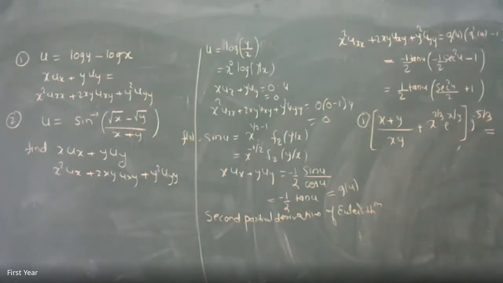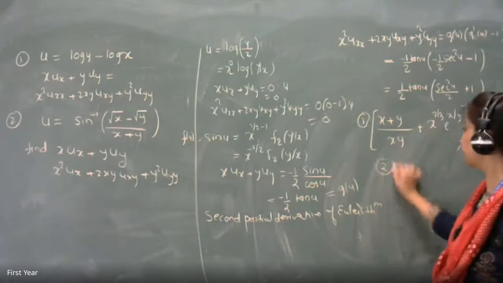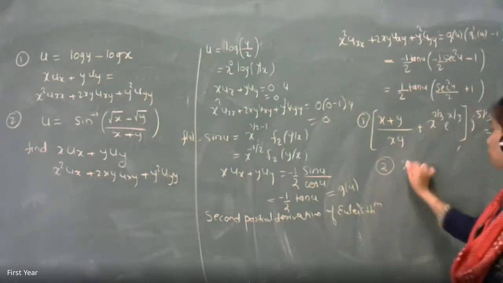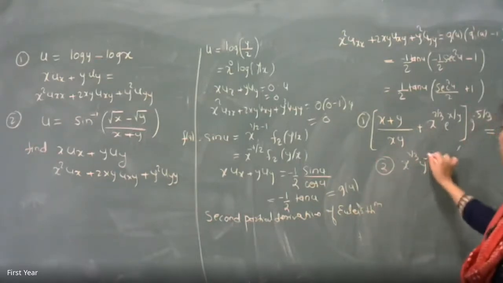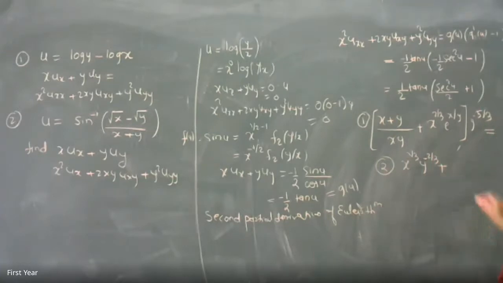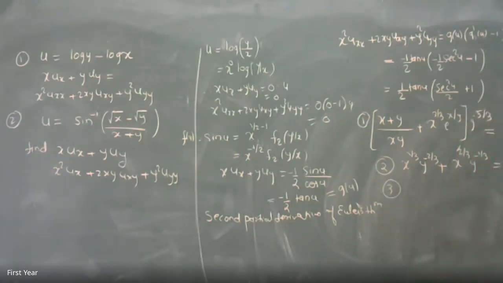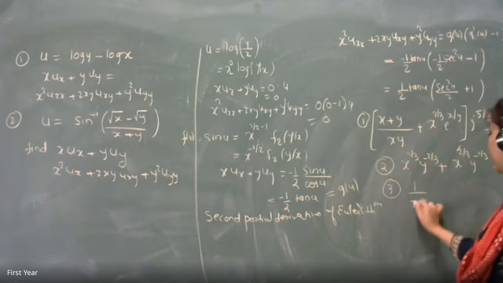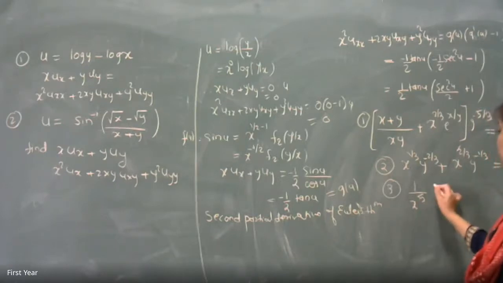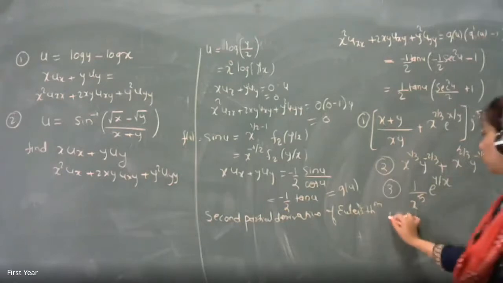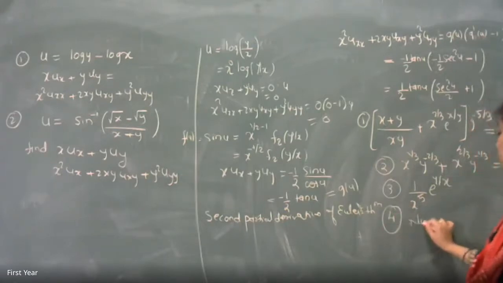Second function is x raised to 1 by 3 y raised to minus 2 by 3 plus x raised to 2 by 3 y raised to minus 1 by 3 is equal to 8. Third function is 1 by x raised to 5 e raised to y by x, and fourth is none of these.